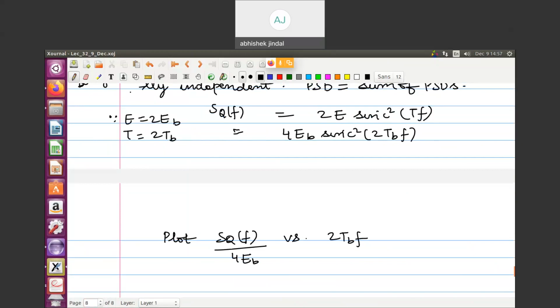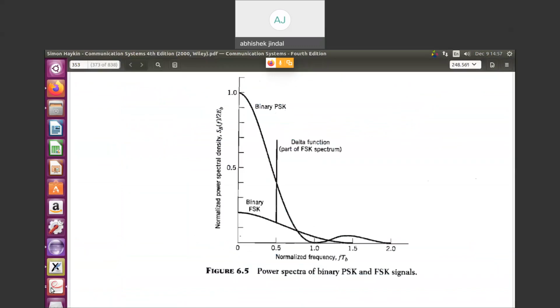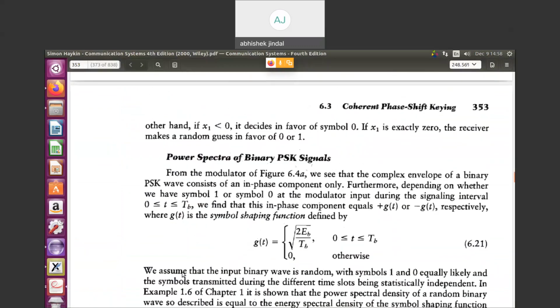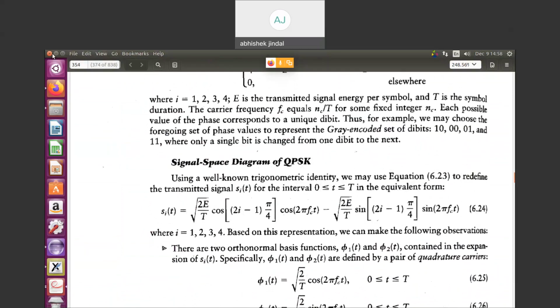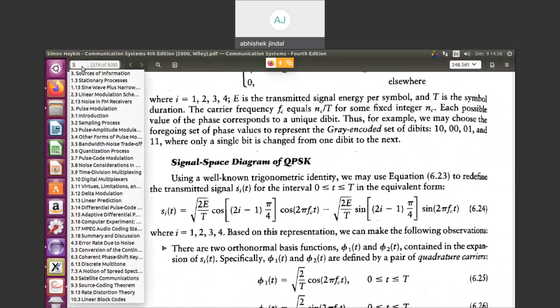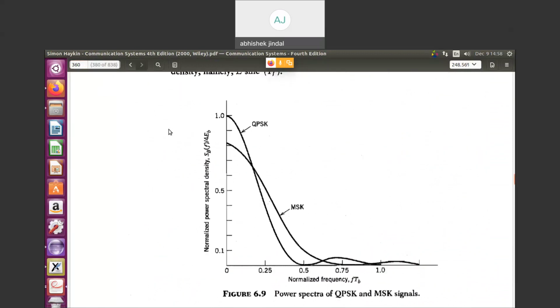Okay, it's better to have TB into f. Sorry. So let us see what is the plot. It is on page number 360. This is okay.